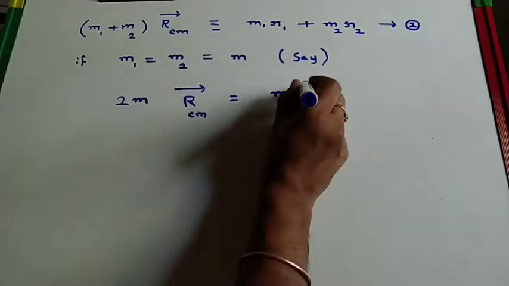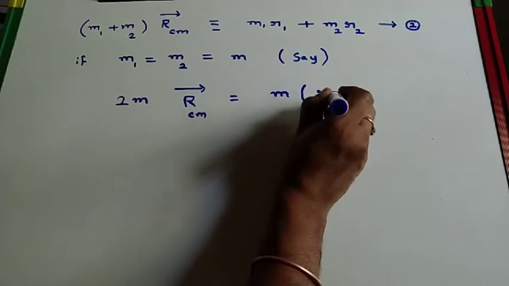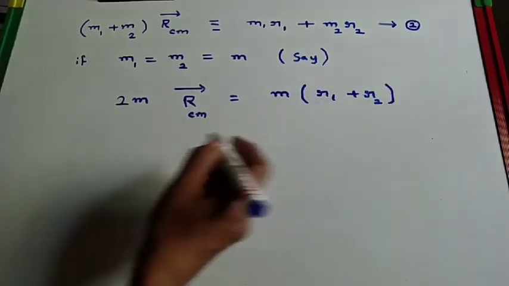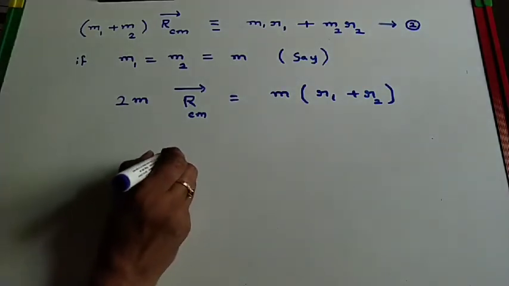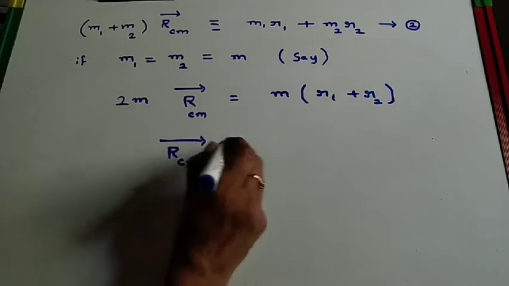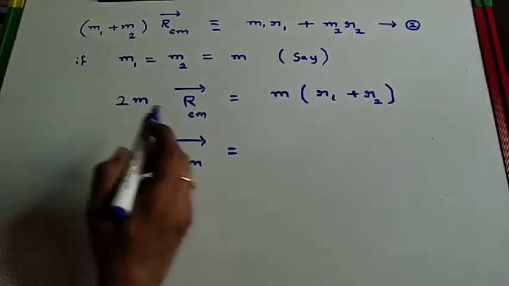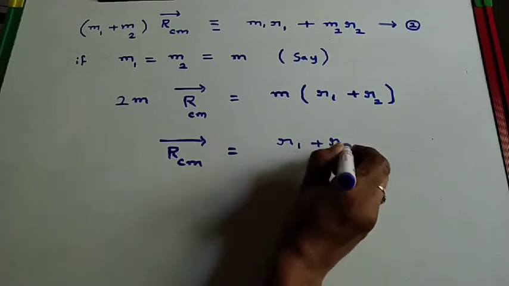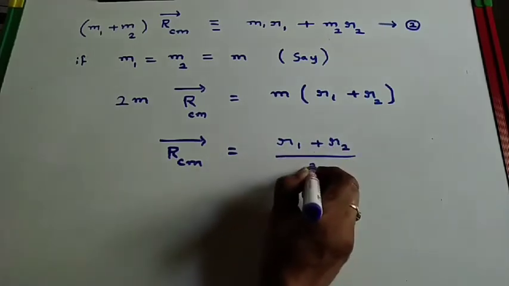Take m common into R1 plus R2. Therefore RCM is equal to, m cancels, R1 plus R2 whole by 2.